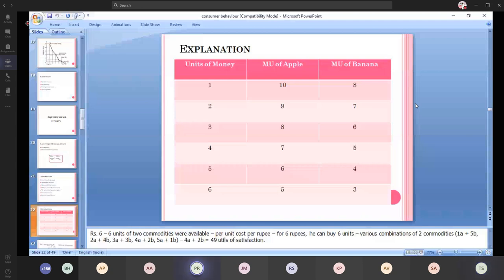So the third combination, 3 apples and 3 bananas, gives 48.